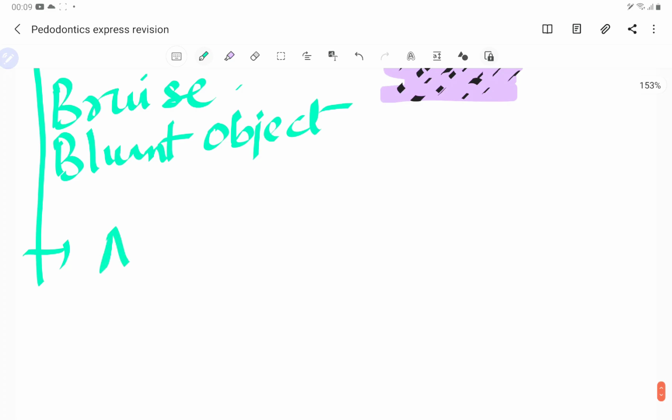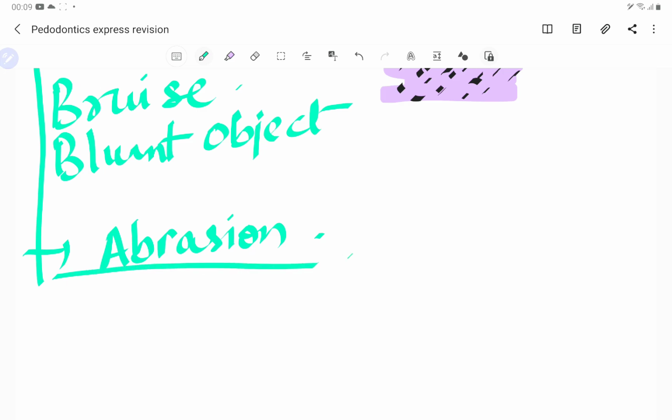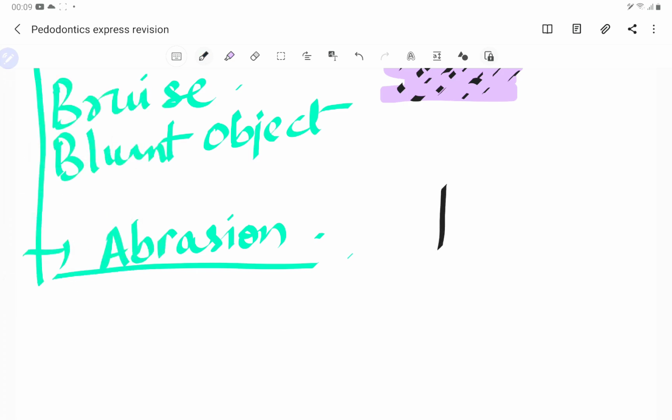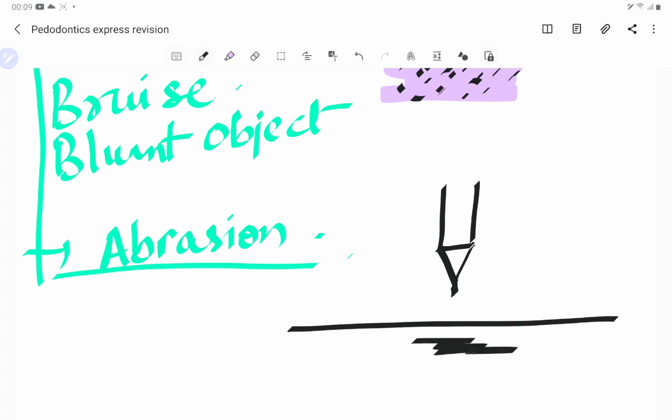The third kind of injury, guys, we see is the abrasion. This is also soft tissue injury. So abrasion is scraping. Say this is a pen or a pencil. This is the skin surface. Once you try to scrape it, there are lines which you get, right?